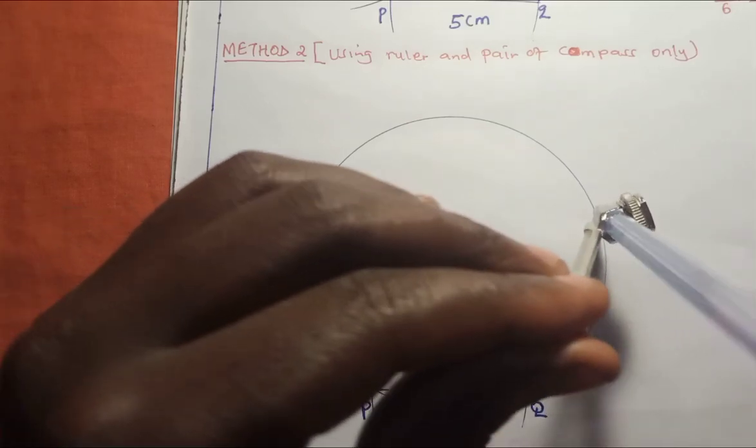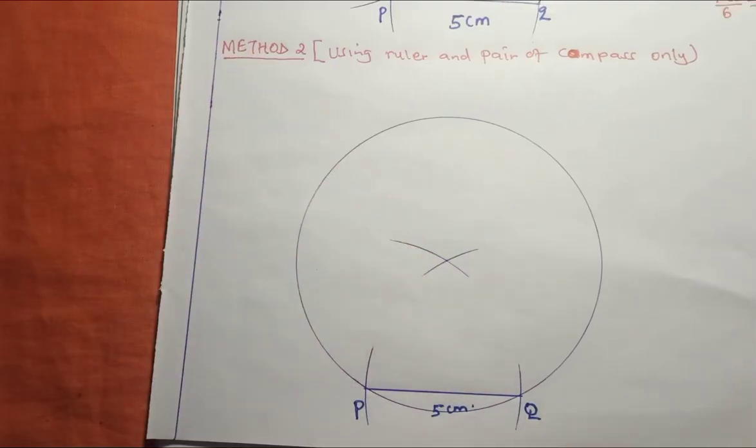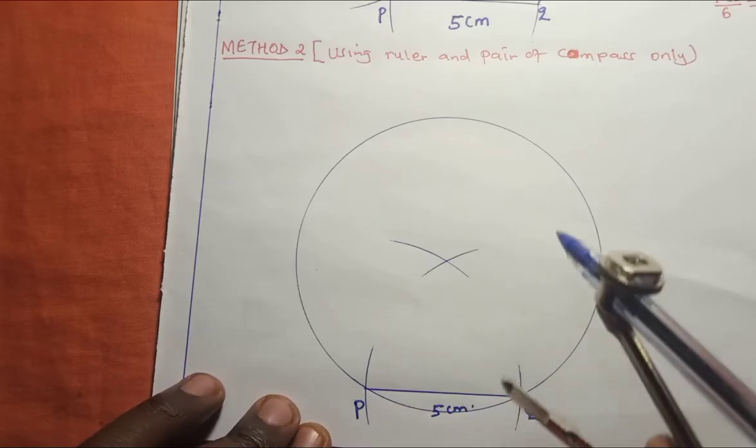After constructing the circle, I'm going to mark equal intervals. Make sure that I have 6 sides inside the circle. Already I have one side.